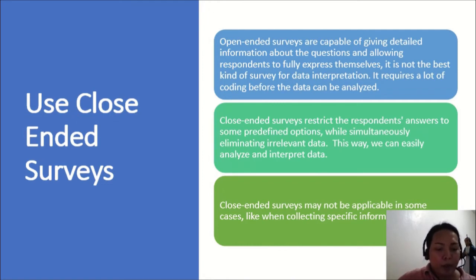It requires a lot of coding before the data can be analyzed. Close-ended surveys, on the other hand, restrict the respondents' answers to some predefined options, while simultaneously eliminating irrelevant data. This way, researchers can easily analyze and interpret data.